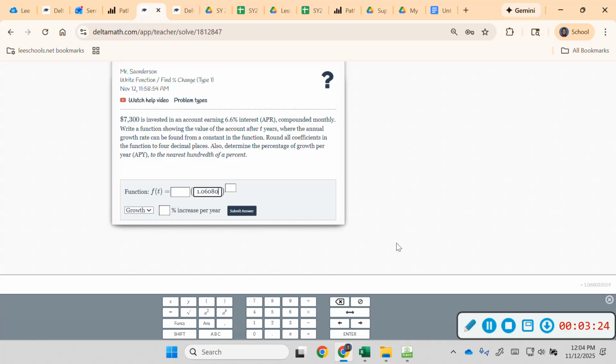You write about 5 numbers after the decimal point. Oh, that's a 3, I couldn't see that properly.